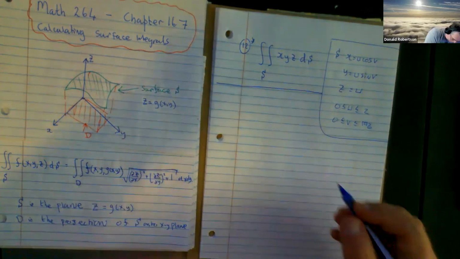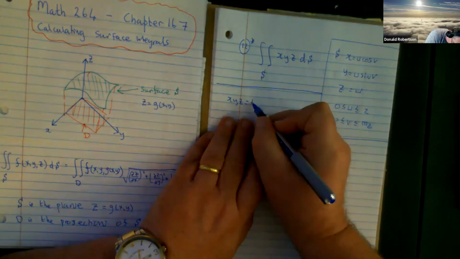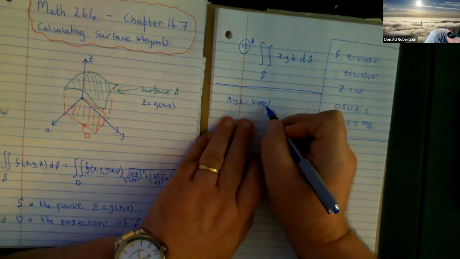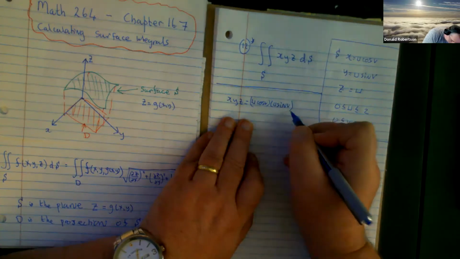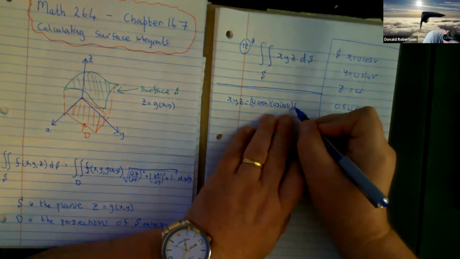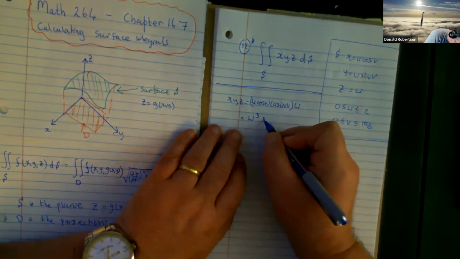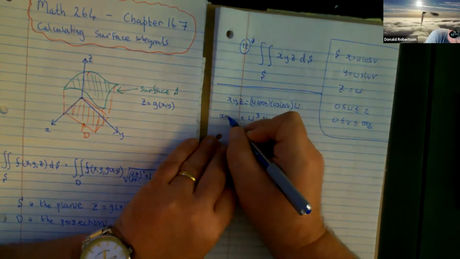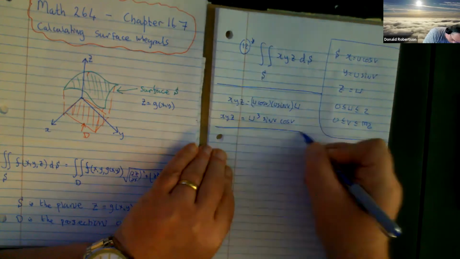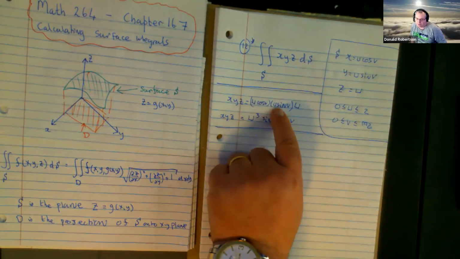Okay, let's get each piece. x, y, z gets turned into u cosine v, u sine of v, and z is just u. So that looks like it's going to be u cubed sine v cosine v. Are we comfortable about the x, y, z converted into u's and v's?